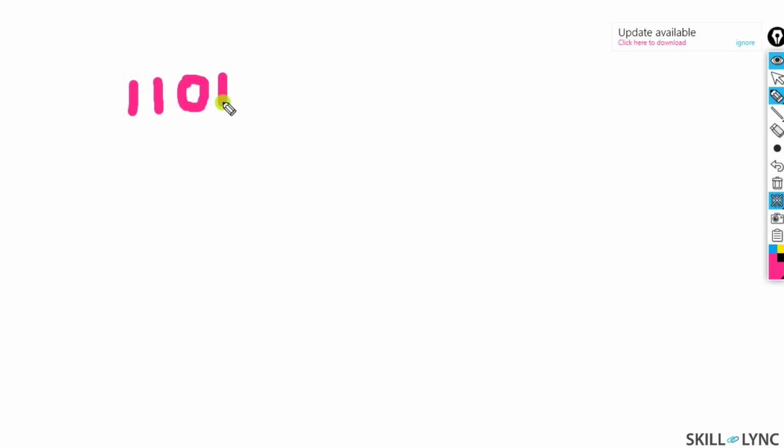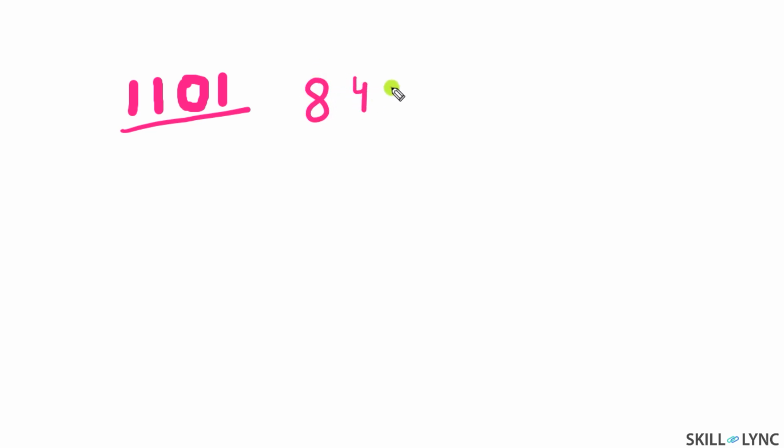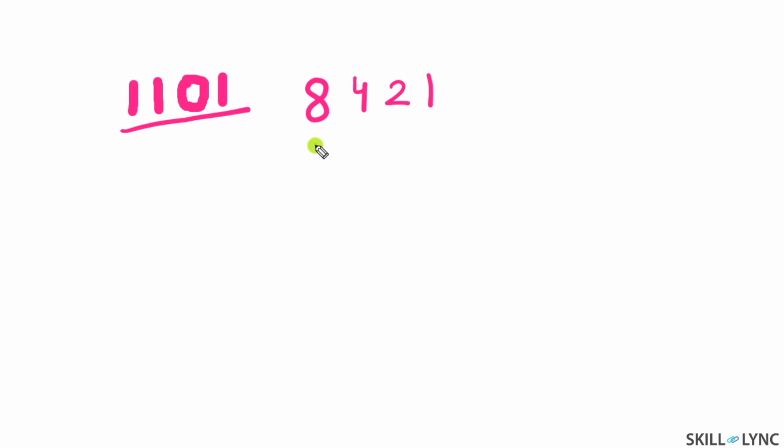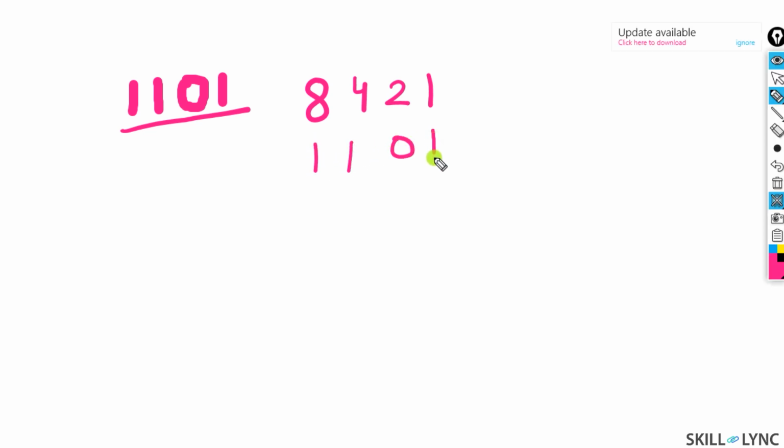So now we will see how to convert this into a decimal number. If you remember, in the previous lecture I told you that there is a rule of 8, 4, 2 and 1. Now whatsoever the question is, just write down the same value beside it. It is 1, 1, 0, 1.